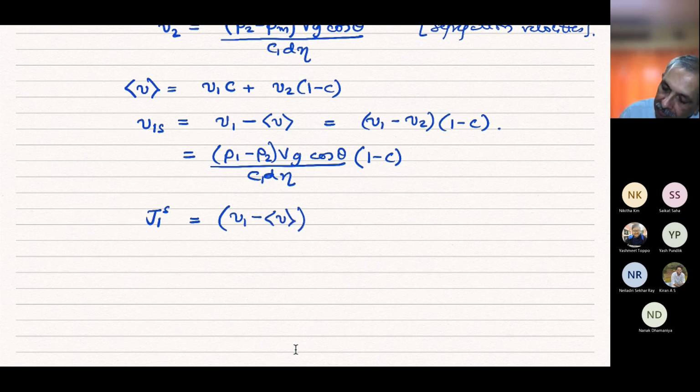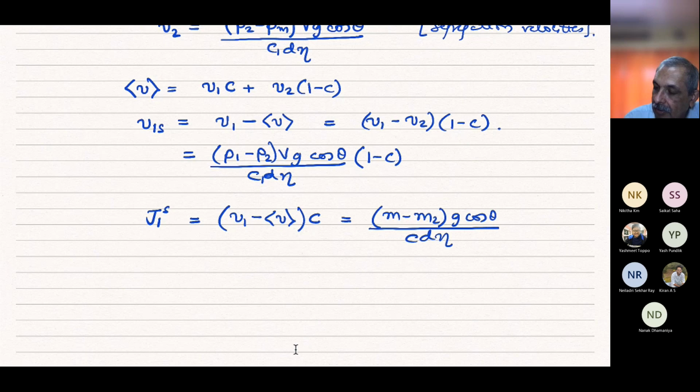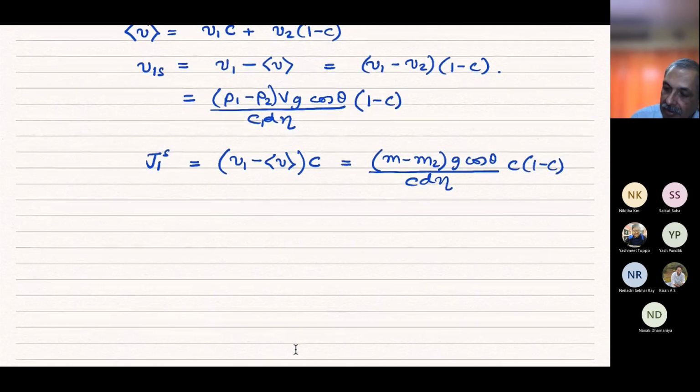This is the definition of a diffusive flux times the concentration. So velocity into concentration gives you the flux. So this is just equal to m1 minus m2 into g cos theta into C into 1 minus C. So this is your expression for the segregation flux.